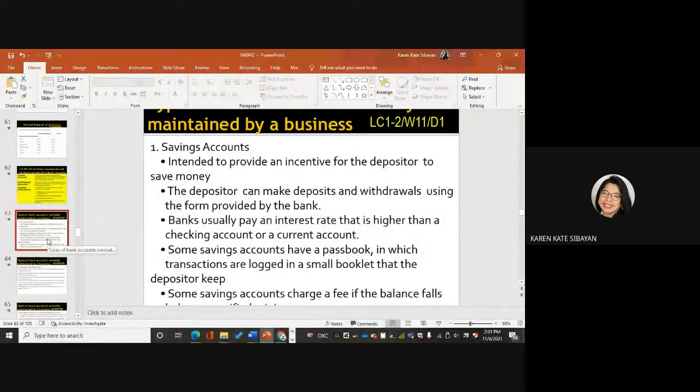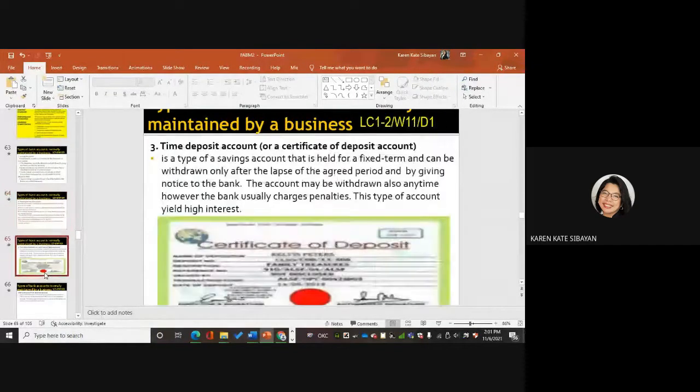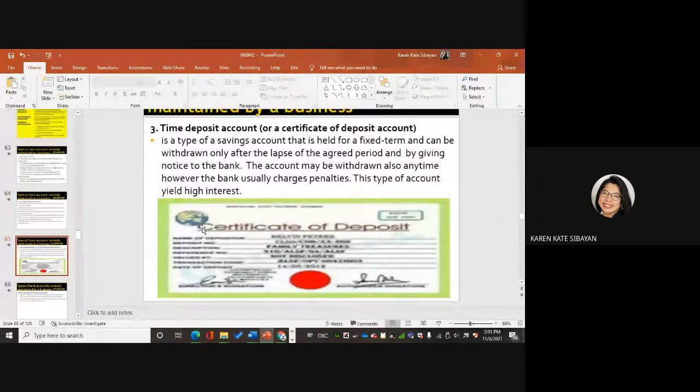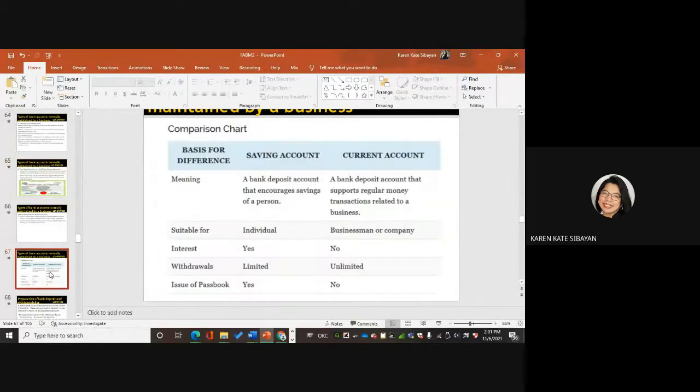So kung meron na kayong mga bank account, automatic you already know how to fill up the savings slip, the withdrawal slip. Dito, we're just going to familiarize ano ba ang itsura ng certificate of deposits, ano ba ang itsura ng check.